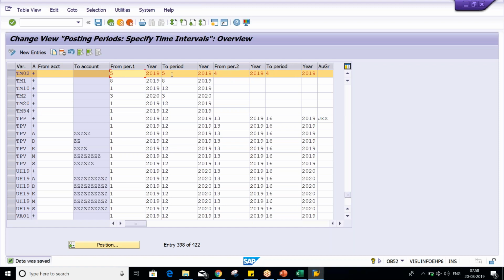Now the fifth period I have opened here. Now the fourth period has been opened by the authorized person. At the same time, this fellow is going to keep one authorization group here. This fellow is going to keep one authorization group, that is XYZ.